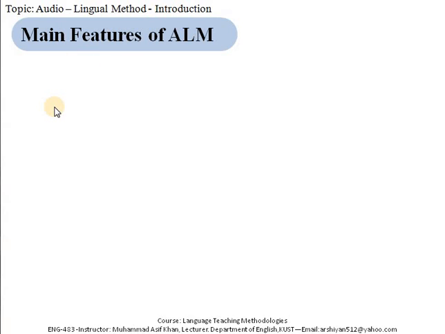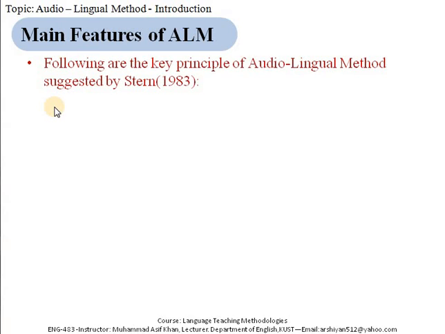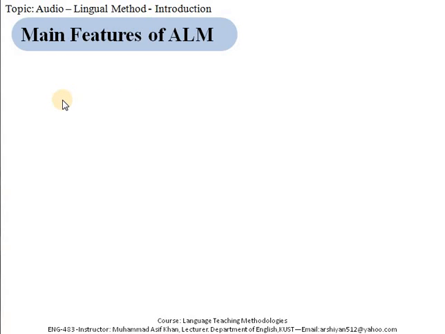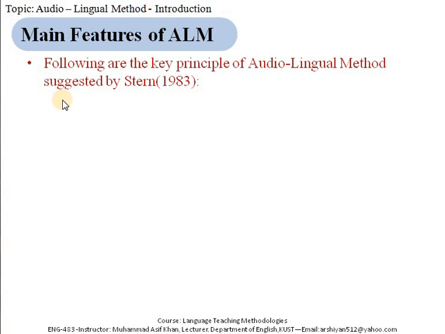Some of the principles of the audiolingual method are very similar to the direct method, but many are different, having been based upon the concepts of language and learning theories that come from linguistics, and by linguistics I mean structural linguistics, and the other field from which the theory of this method comes, that is psychology, and specifically behaviorist psychology.